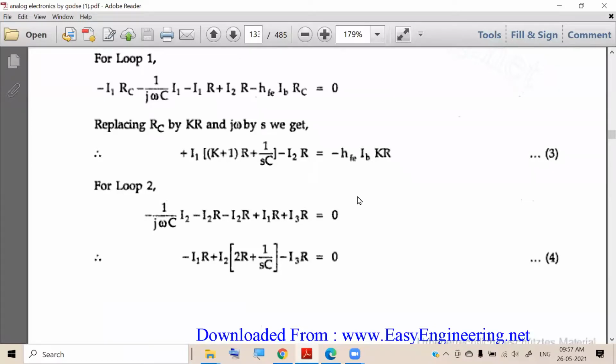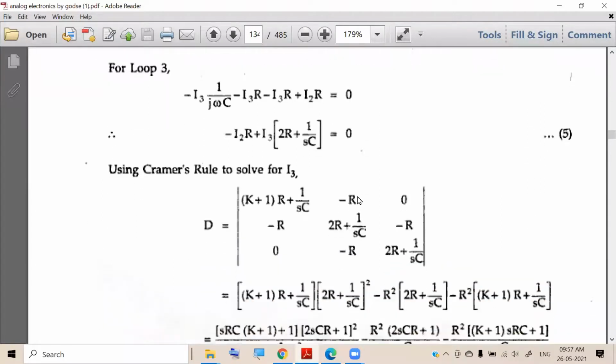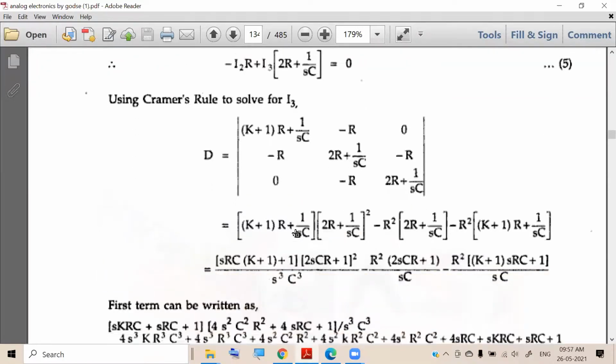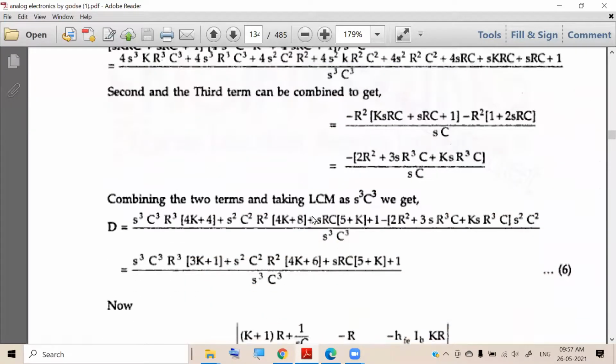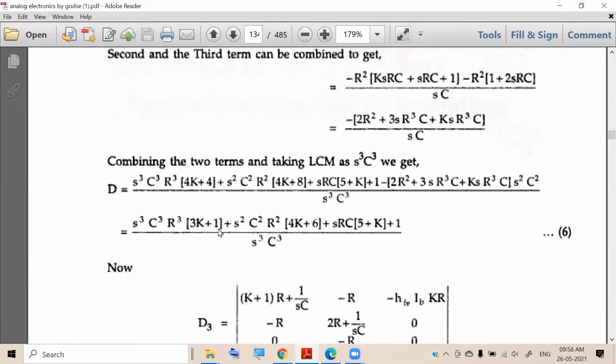The process is to take the determinant of the matrix: this term multiplied by this into this minus this into this, then minus this term multiplied by this into this minus this into this. This is 0, so ignore it. After very lengthy simplification, we get the determinant of the matrix like this.